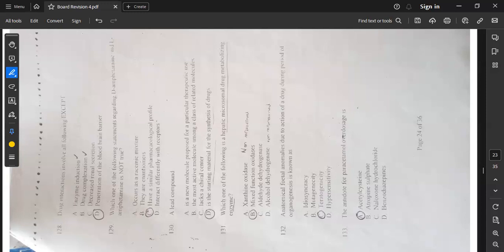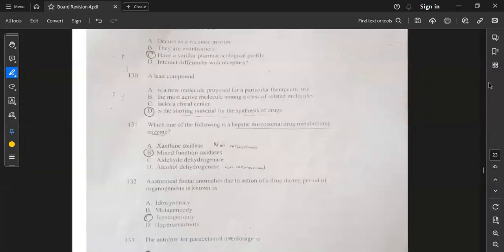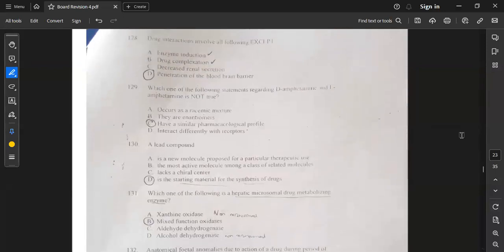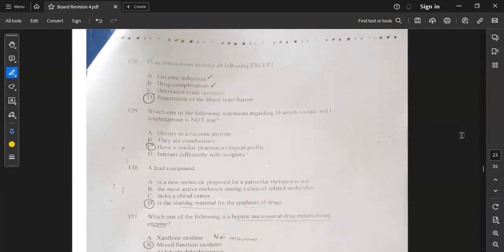Enzyme inducers are an example of a drug interaction in that they will induce the metabolism of the other drug, hence decreasing its plasma concentration.